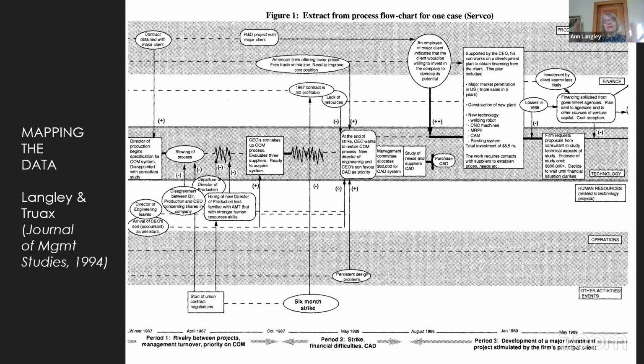But then if you wanted to compare different timelines, and this is what we did, we had 5 processes that we mapped this way. We could compare them to see what tends to come before what. Can we see some patterns in the types of interactions between different kinds of phenomena over time? So this is a really interesting tool for process research, and in most cases you don't see the mapping itself in a published paper, but you see the final diagram.